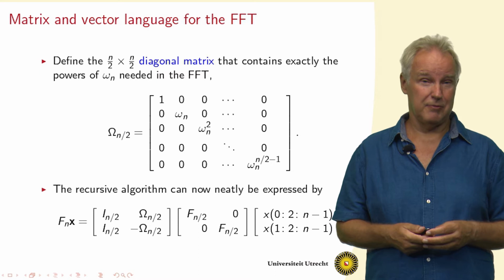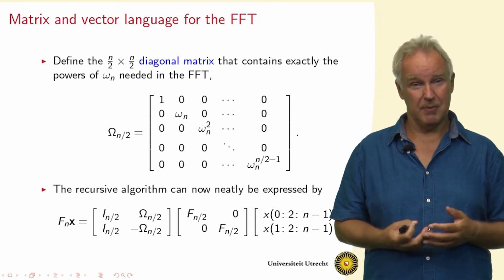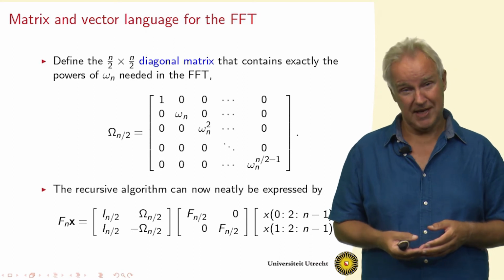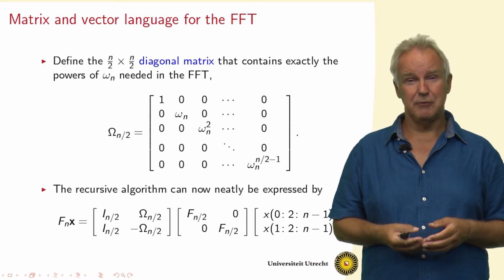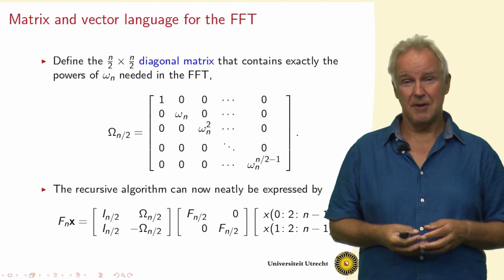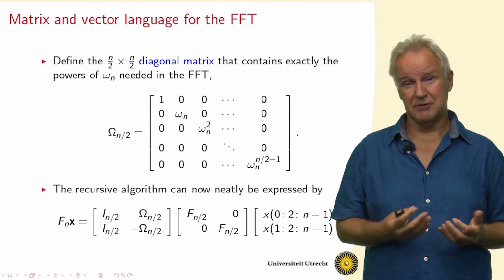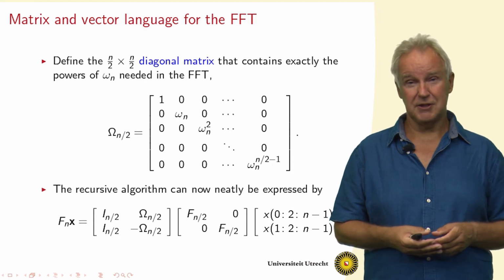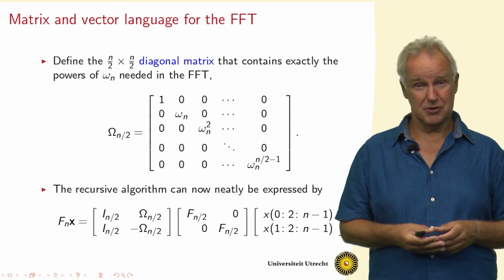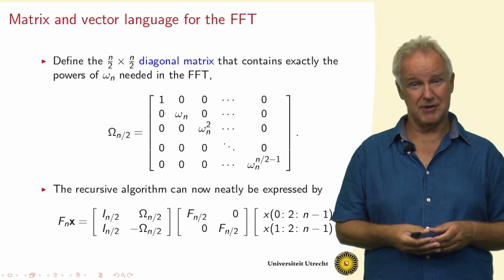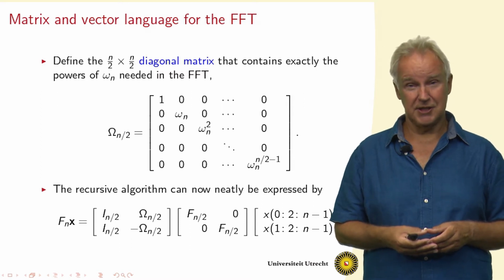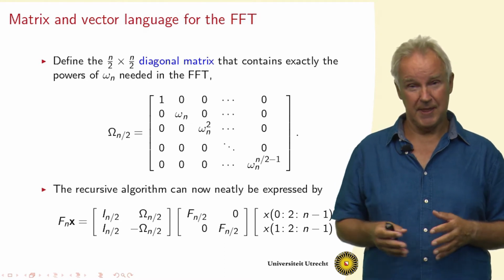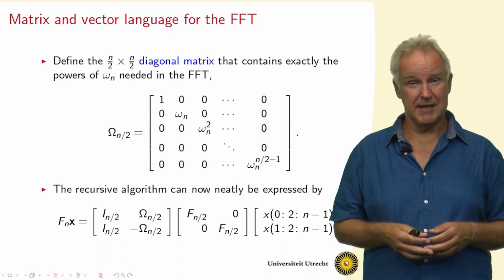So the Fourier transform then is a multiplication of the matrix Fn with the vector x, and we can write it as three different matrices. On the right, you see a short notation for picking out first the even components of the vector x, so starting at 0 with a stride of 2, so 0, 2, 4, 6, etc., at most up to n-1.